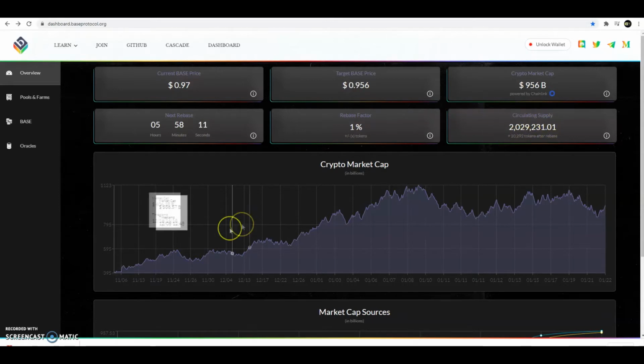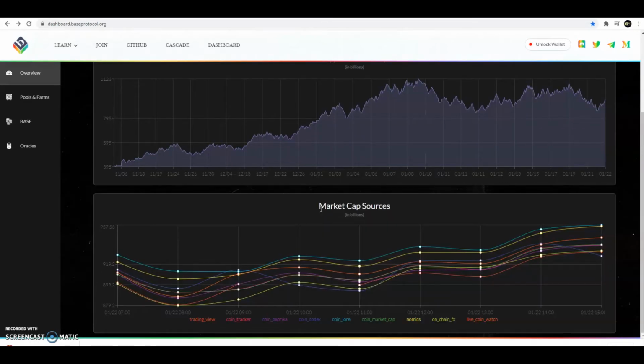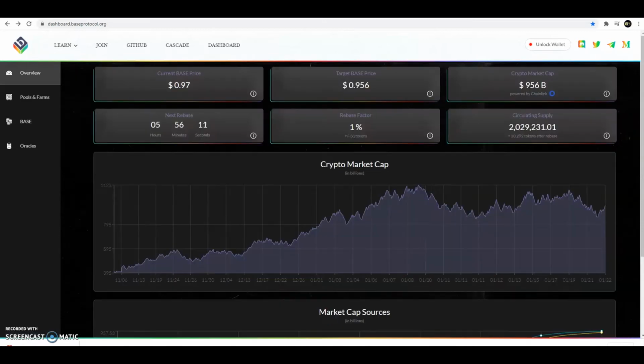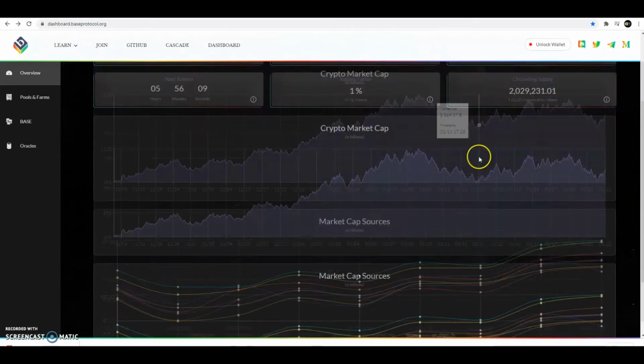All right, so this is the graph here, which is showing you the crypto market cap in the billions. And this is the market cap sources, because they're using averages of various different market caps, meaning like TradingView, CoinTracker, Coin Paprika, CoinMarketCap. What this means is that if one of these was to come out of sync or out of whack, it wouldn't affect the overall crypto market cap by a lot.